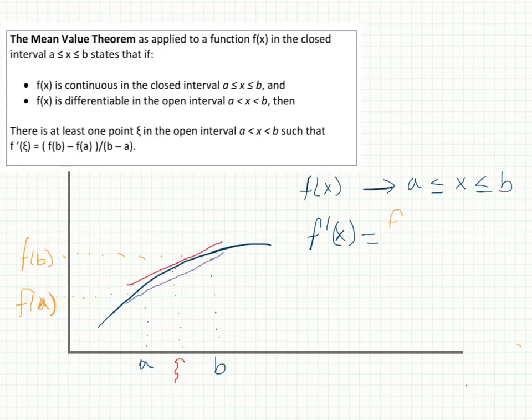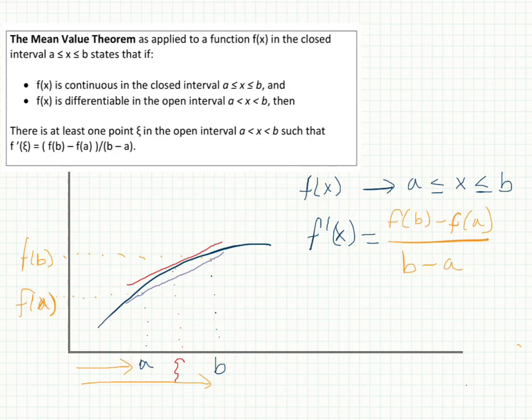Well, that sounds a lot like the slope formula. Over, in this case, well, we've got this distance down here b, and we've got this distance here a. So we're going to find the difference then, b minus a. Alright, so that's the rise over the run.